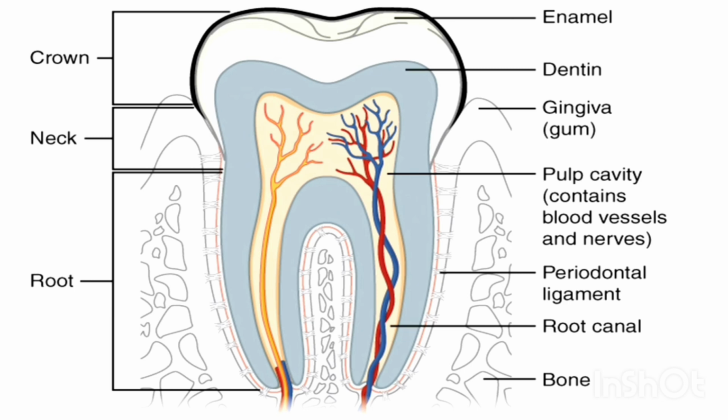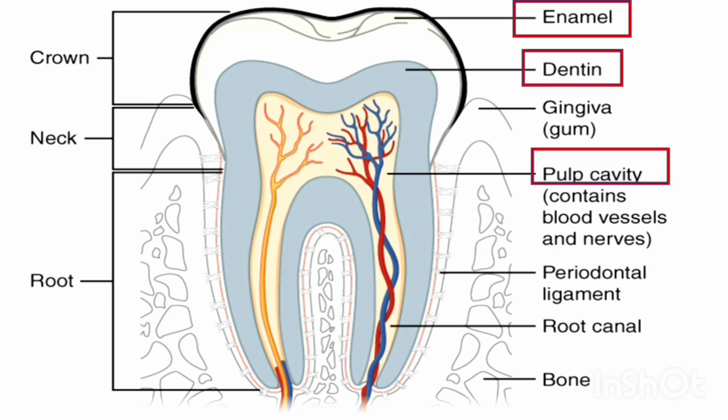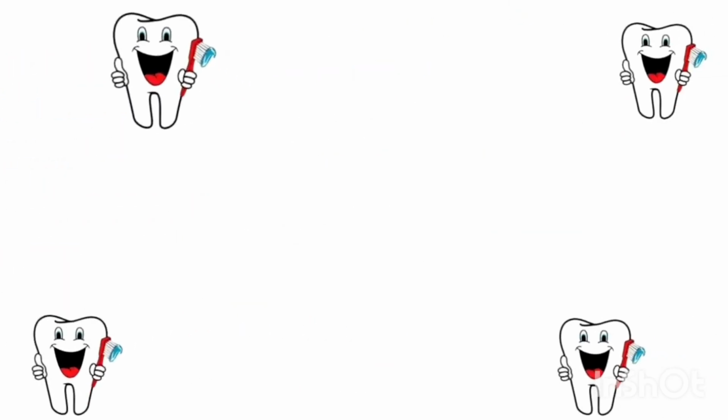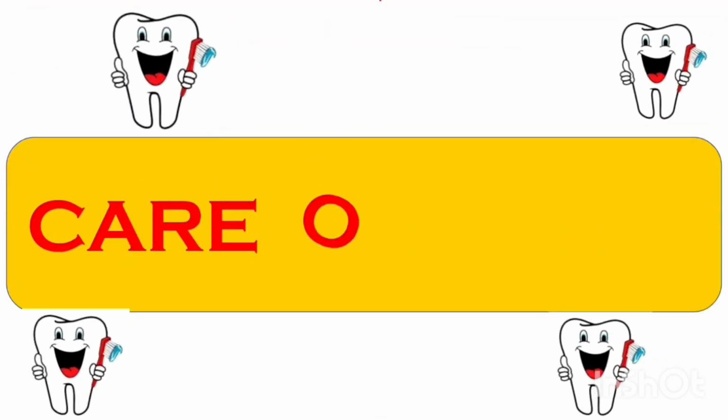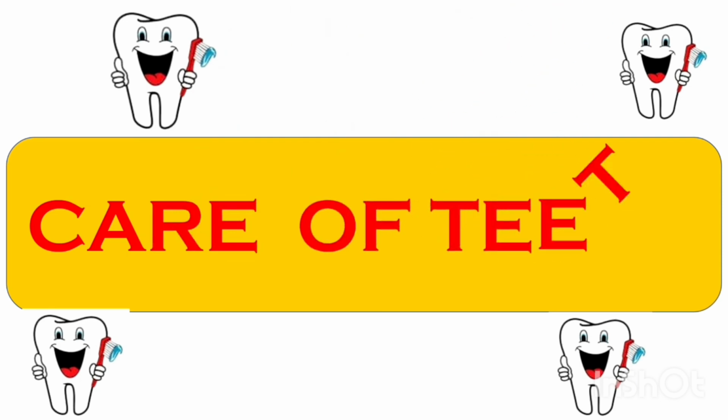Enamel is the hardest part of the tooth. Next, dentine, and then comes pulp cavity. After that comes root canal.